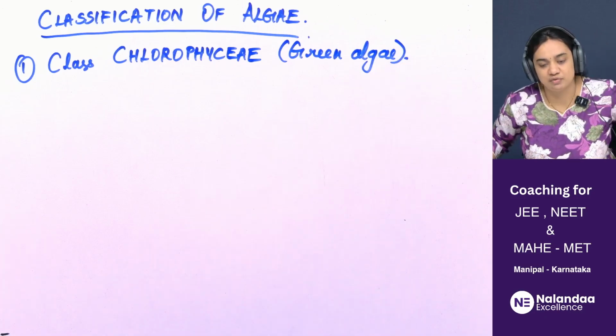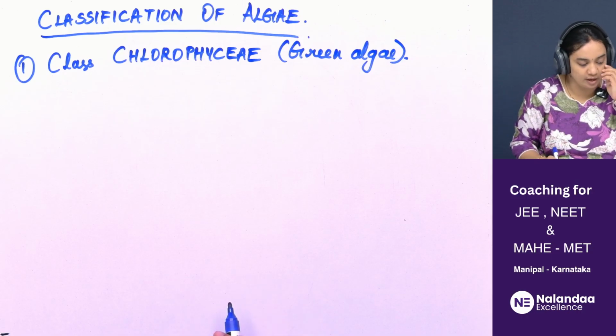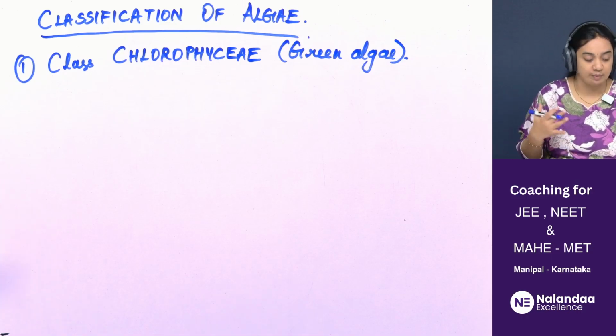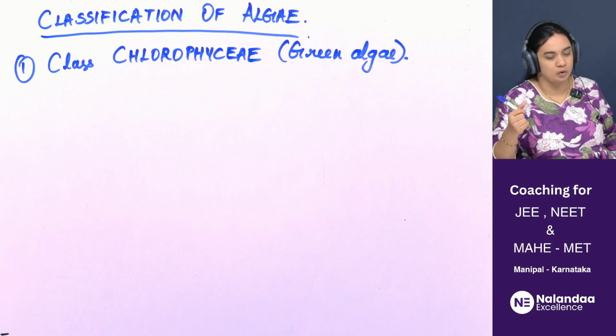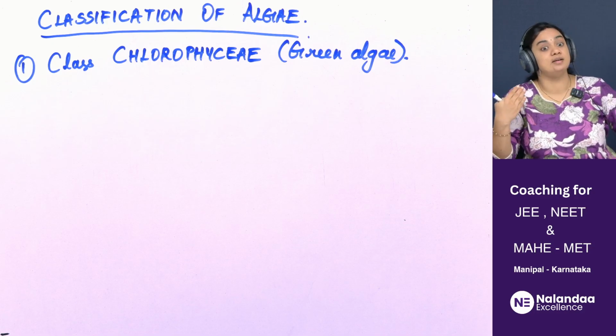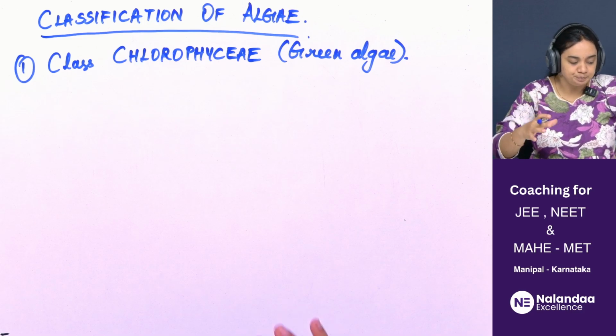The name comes from the characteristic grass green color that it exhibits. The basis for classification of algae is generally the type of pigment. What gives the algae its characteristic color? The pigment and the kind of storage food material. This is the basis on which we classify algae.